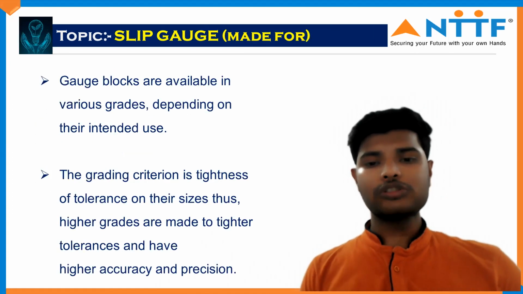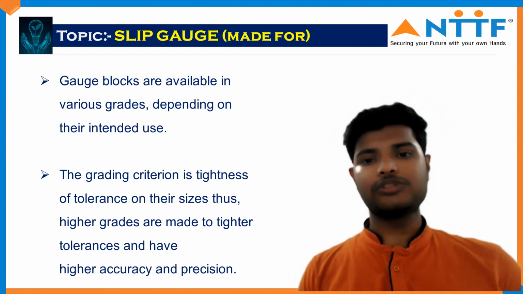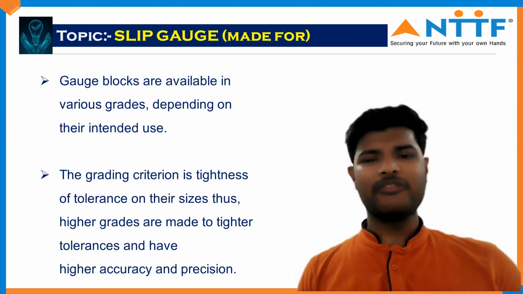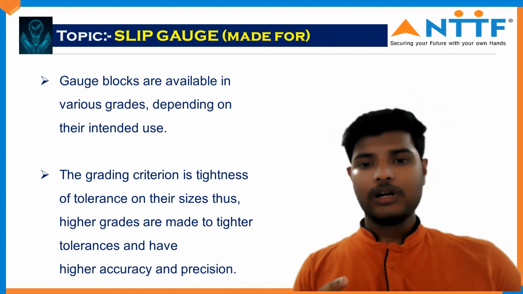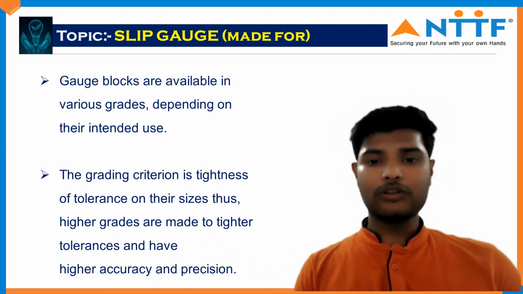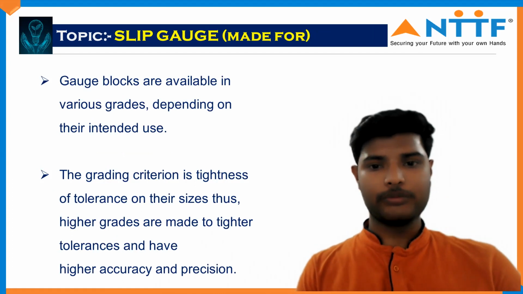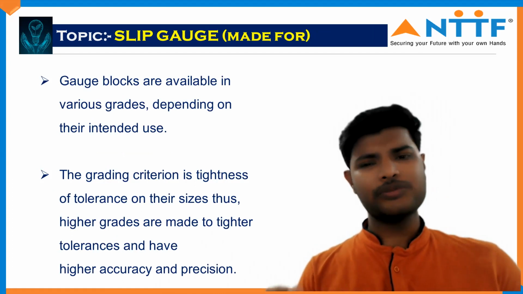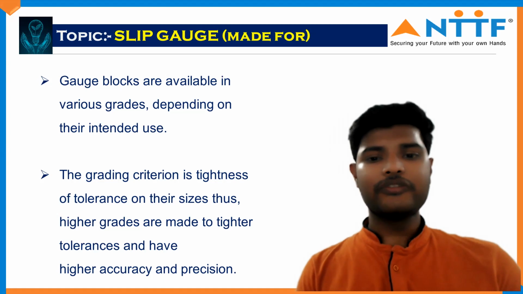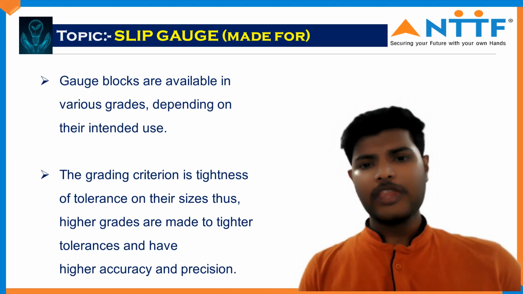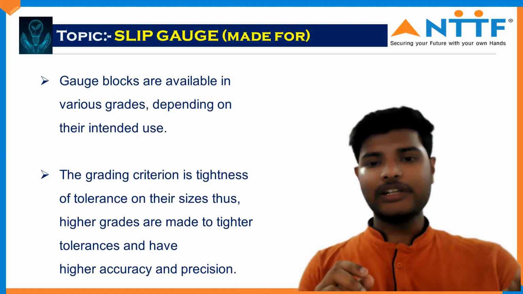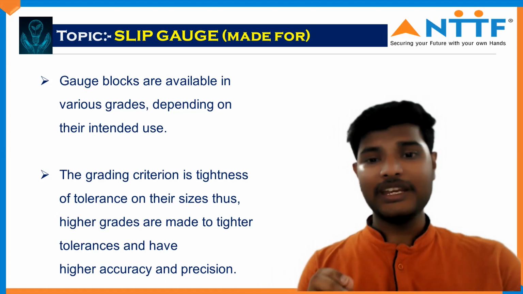Next, most students or people would ask why we want to use this. This is used to check precise measurement instruments like micrometers. Let me give you one small example. If we have a 25 to 50 micrometer, how could you know that the 25 reading is correct and exact?